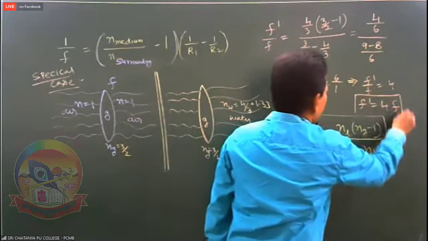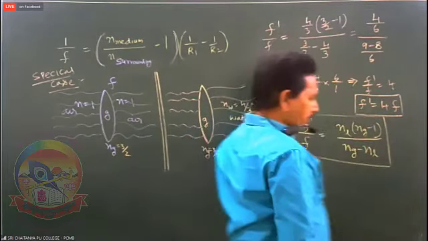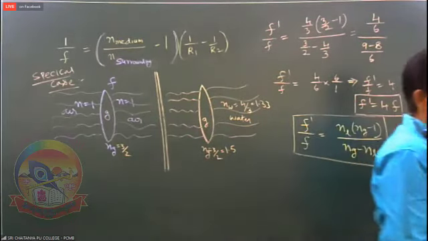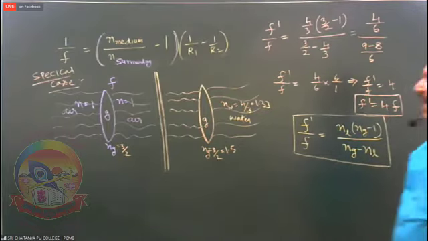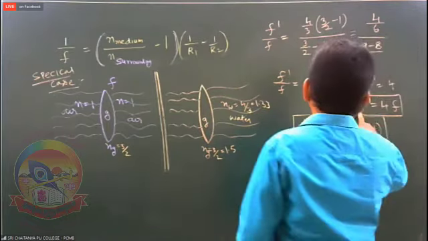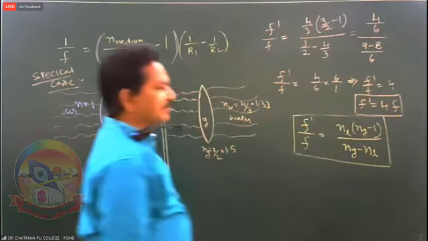Standard result. No need to do this every time. If the refractive index of the glass is 3 by 2 and it is dipped inside water of refractive index 4 by 3, the focal length increases by 4 times.